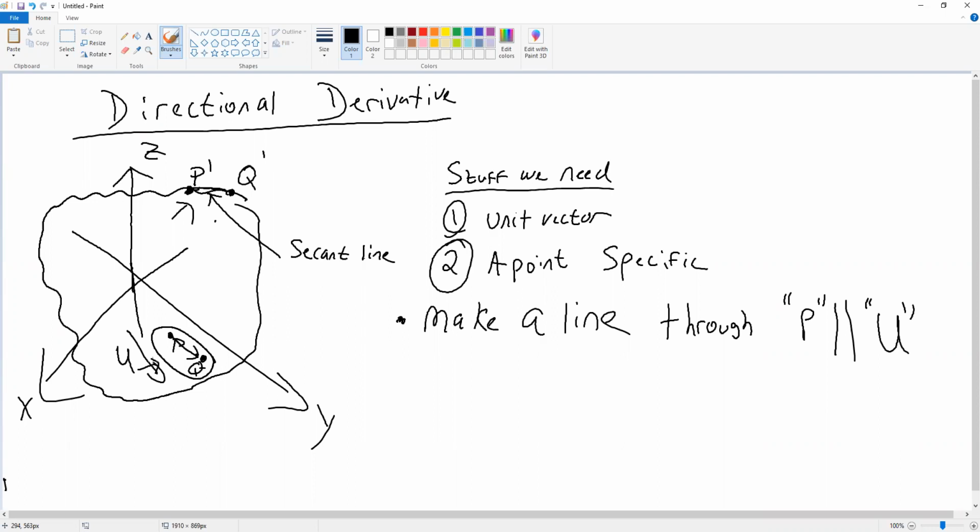We're going to make this line through P and through Q. And so whatever happens here happens up there.